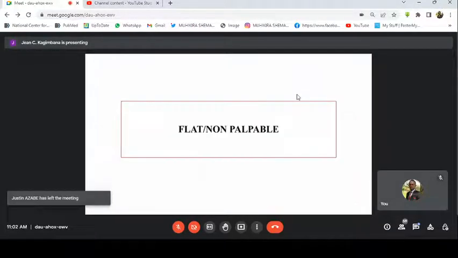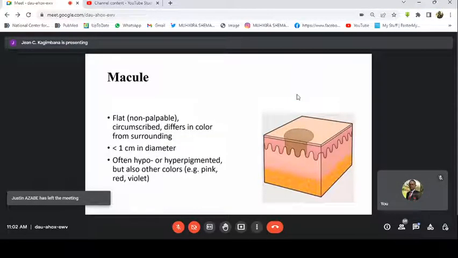Now, flat and non-palpable lesions. The flat one, of course, is non-palpable, which is a macule, less than 1 centimeter, often hypo or hyperpigmented.